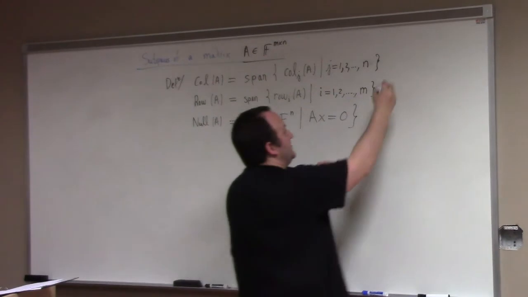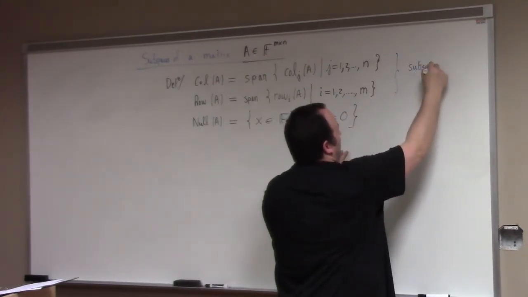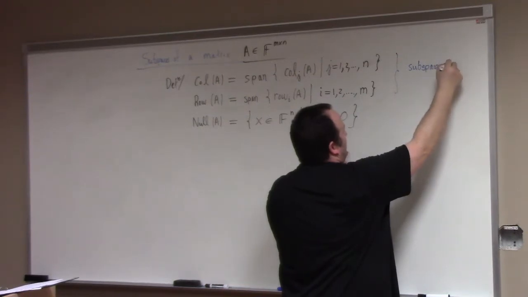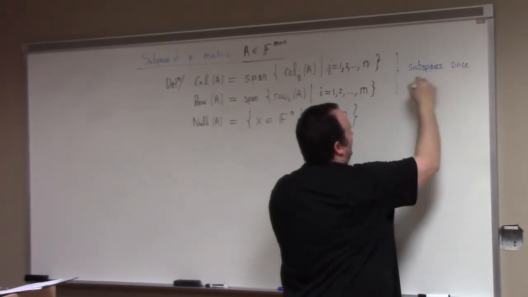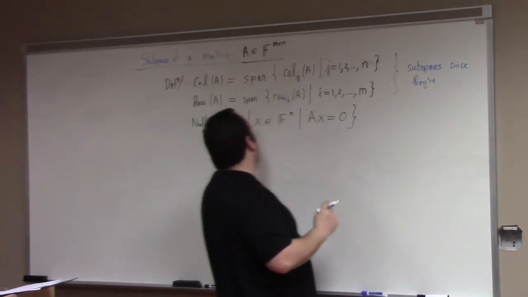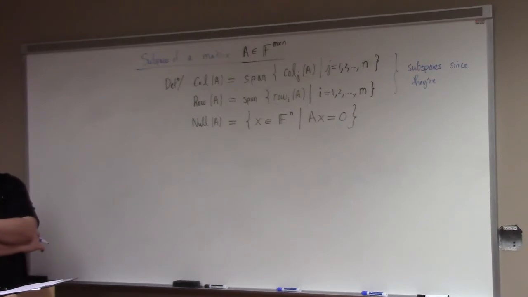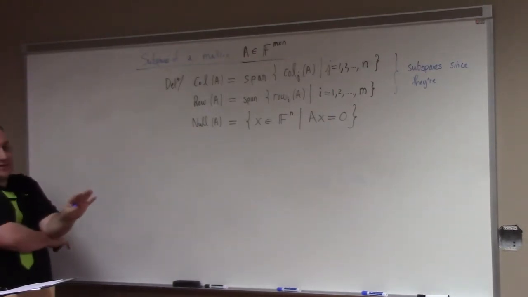So how do you prove these are subspaces? How do you prove that these are subspaces? If you don't own this fact, you're leaving yourself wide open for wasting inordinate amounts of time on the next test.